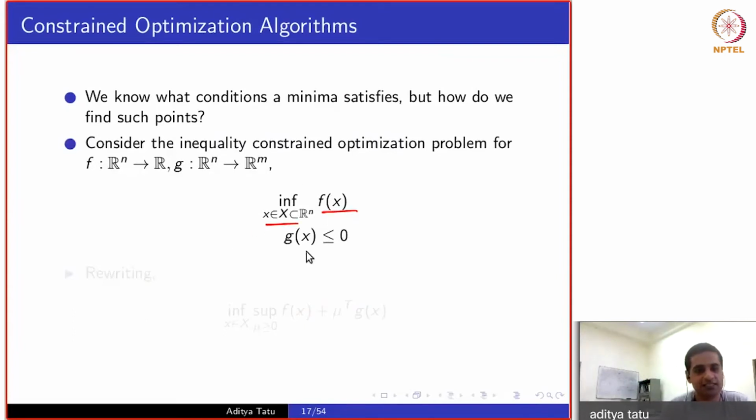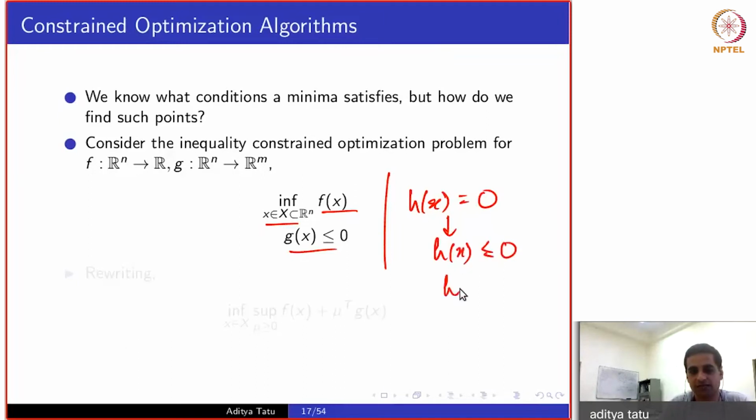You have a set constraint and you have inequality constraints, p of them. If you also have equality constraints, and let's say this is only one equality constraint, you can treat this as two inequality constraints, right? How? By saying that you want h(x) to be less than or equal to 0, and by saying that you want h(x) to be greater than or equal to 0.